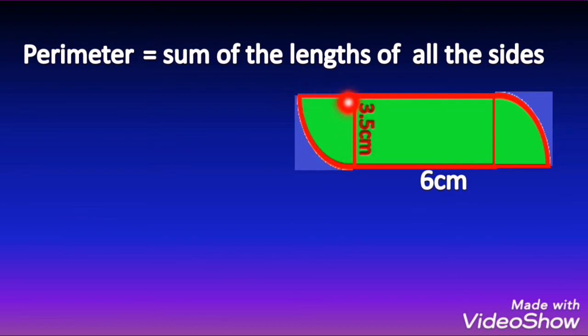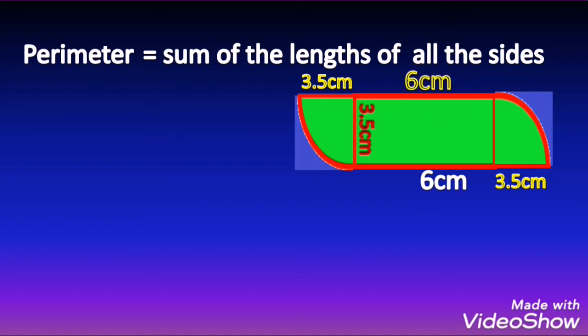So this side you can write 3.5 centimeters, and the length of this side can also be written as 3.5 centimeters, as the radius of the quadrant is 3.5 centimeters. Now you can see the opposite side of the rectangle is equal, so the length of this side will be 6 centimeters.